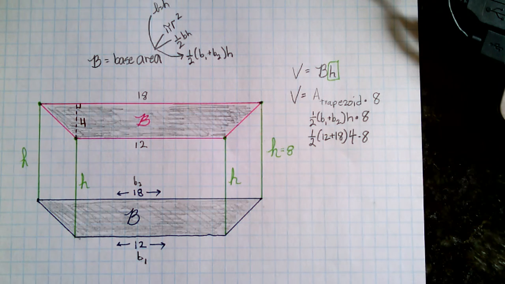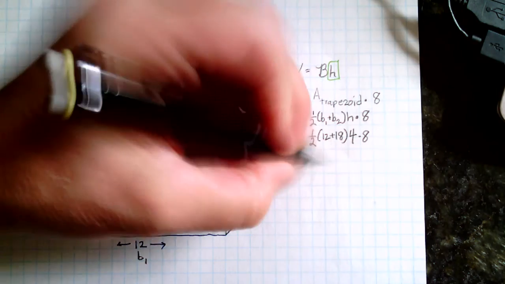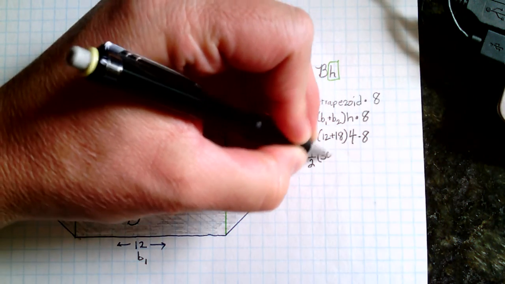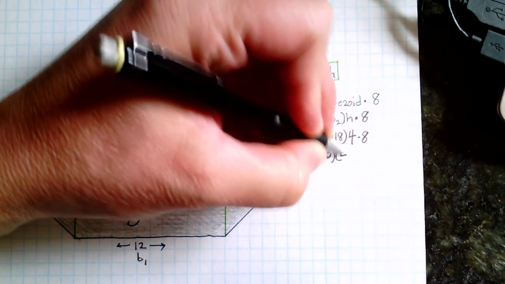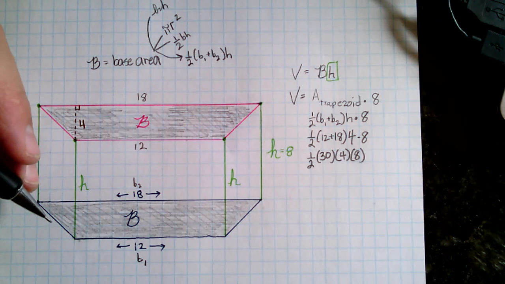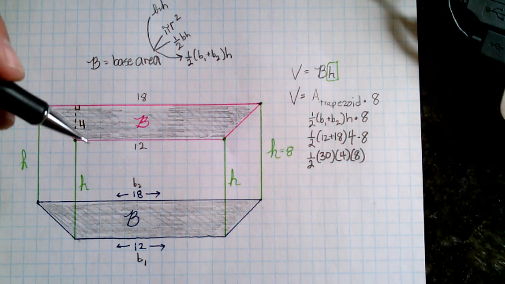So then I use my order of operations. 1/2 of 30 times 4 times 8. So you can kind of see what's going to happen here.